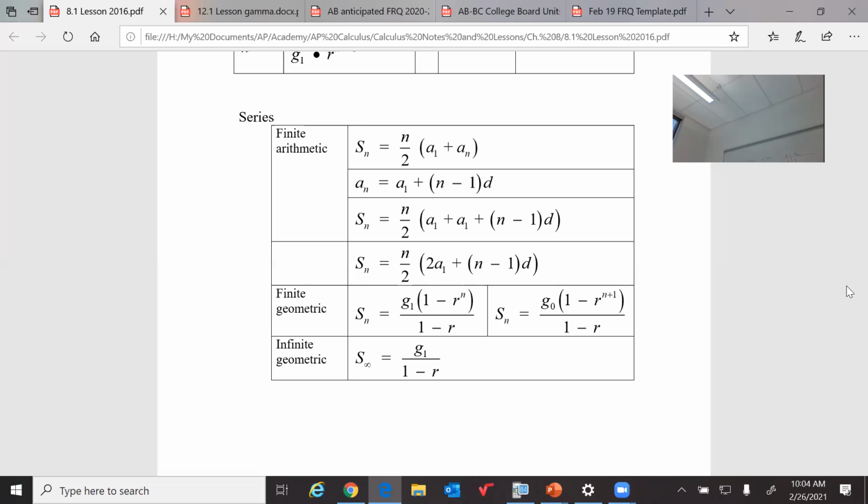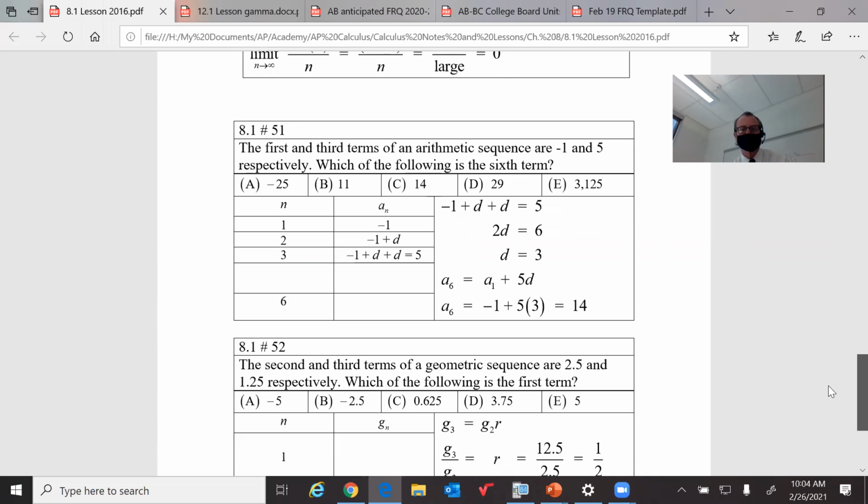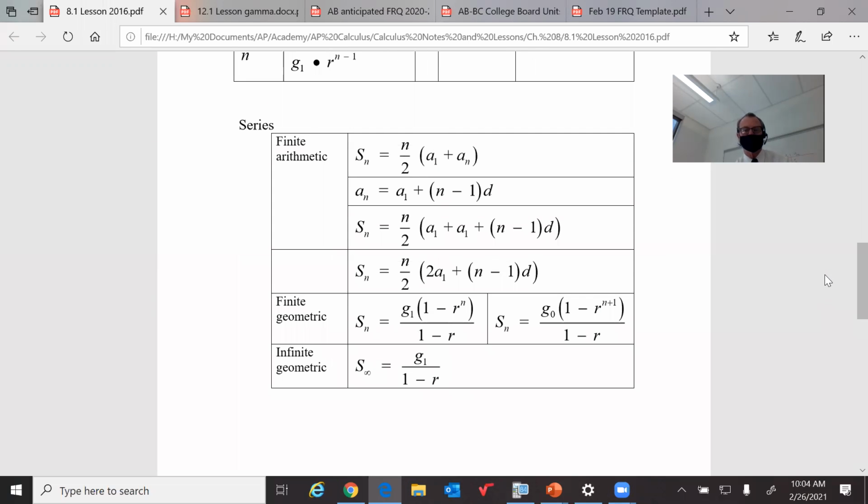Now, where does this come from? I thought I had it, but I don't, so I'll write it out.